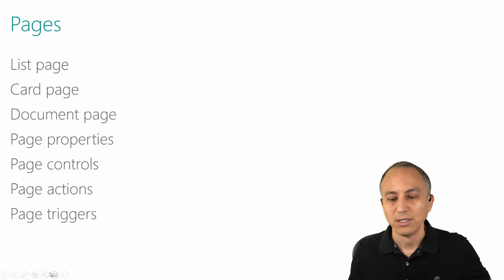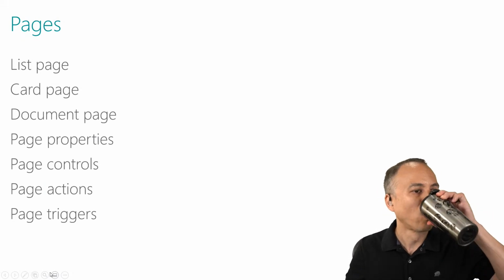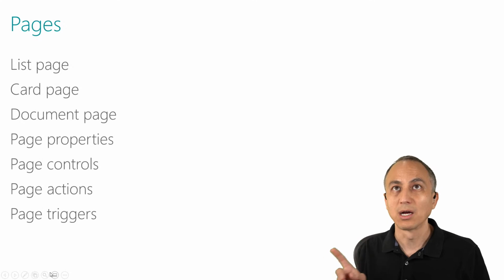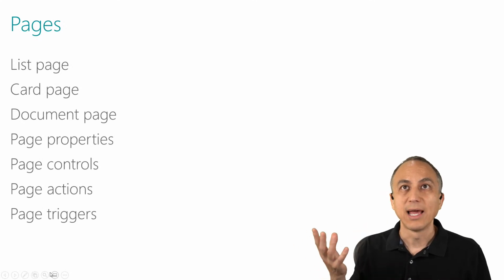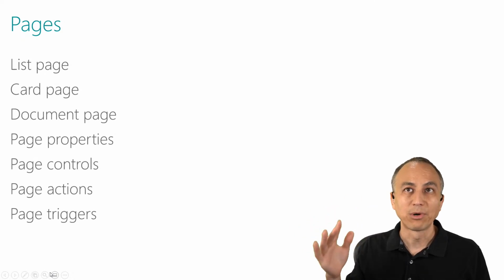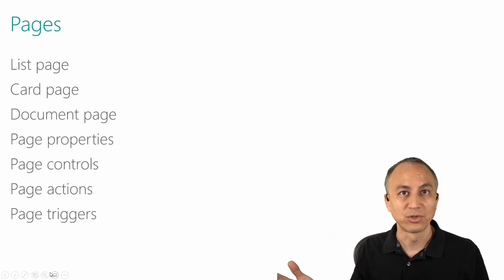And pages. Chapter 4 goes on to talk about pages, and we have list, card, document, pages, page properties, page controls, actions, and triggers. Those are the ones that Christoph mentions in Chapter 4.